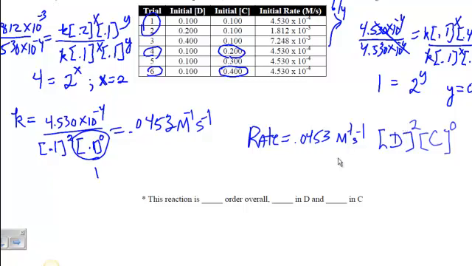Since this is equal to 1, a lot of times you won't even see that. And this is second order overall, 2 for D and 0 for C. And that's all, you're done.